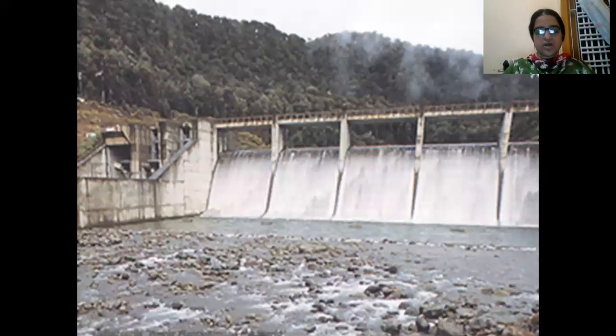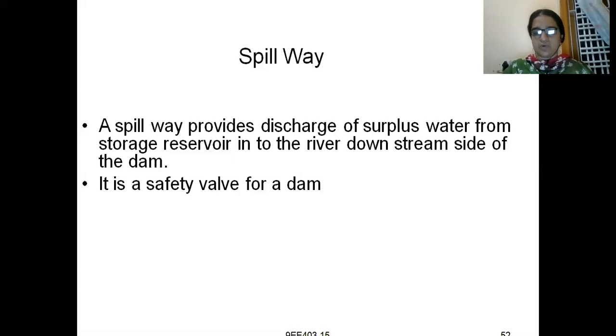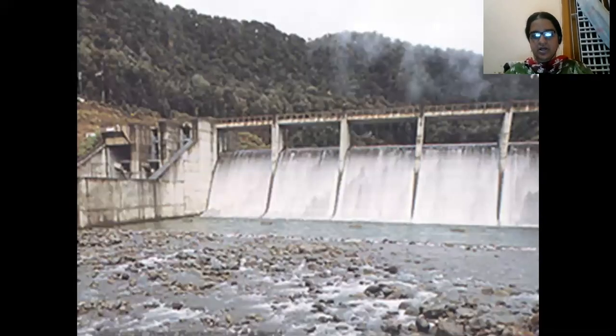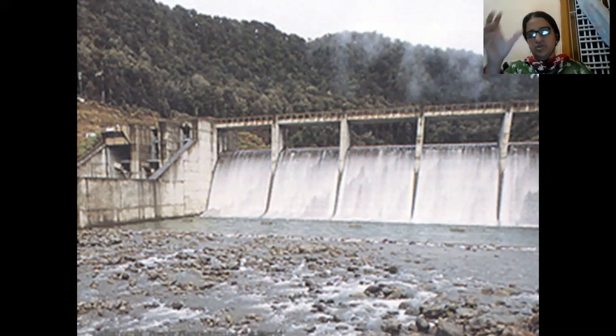This is also a photo regarding spillways or gates of the dam, where the water is coming out. And at the downside there will be a stream. See here, at the bottom there is a stream, or a river, where the discharge water comes.